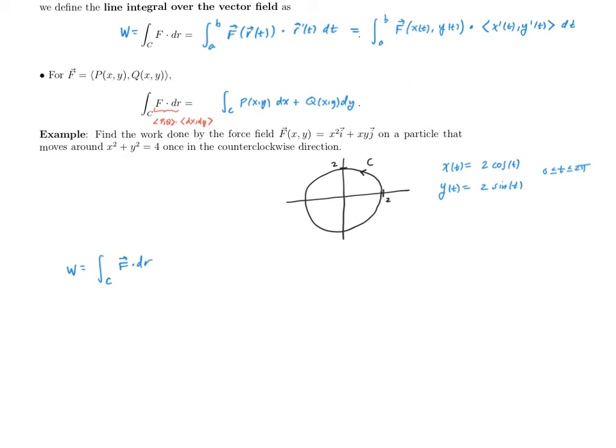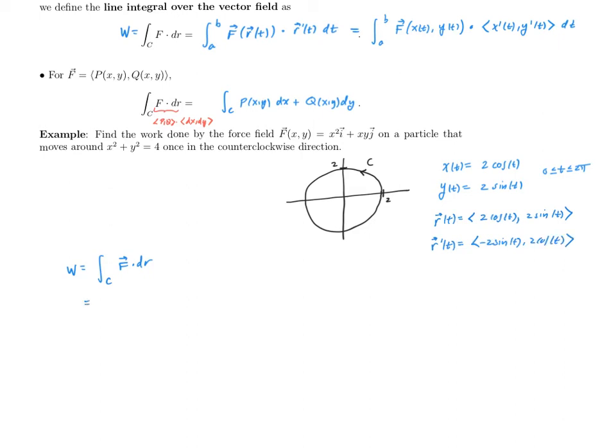Now, in order to substitute things in, we need r of t and r prime of t. So r of t, a vector-valued function representing this curve, is 2 cosine t, 2 sine t. And r prime of t would be made up of the derivative of its components, so minus 2 sine, 2 cosine.